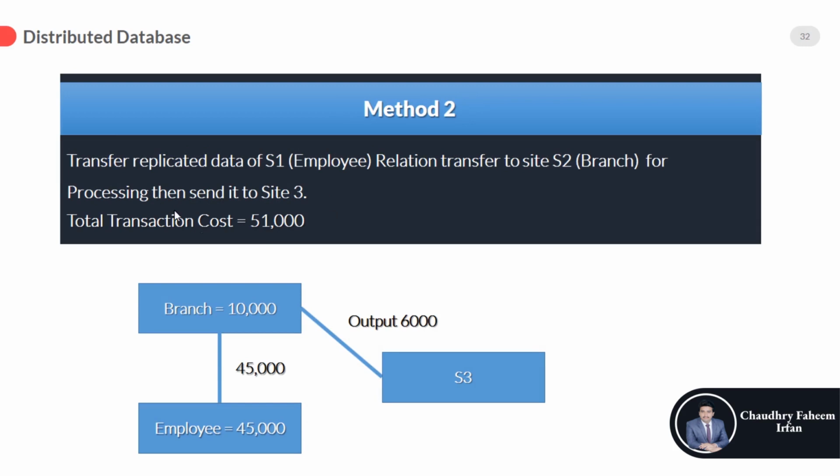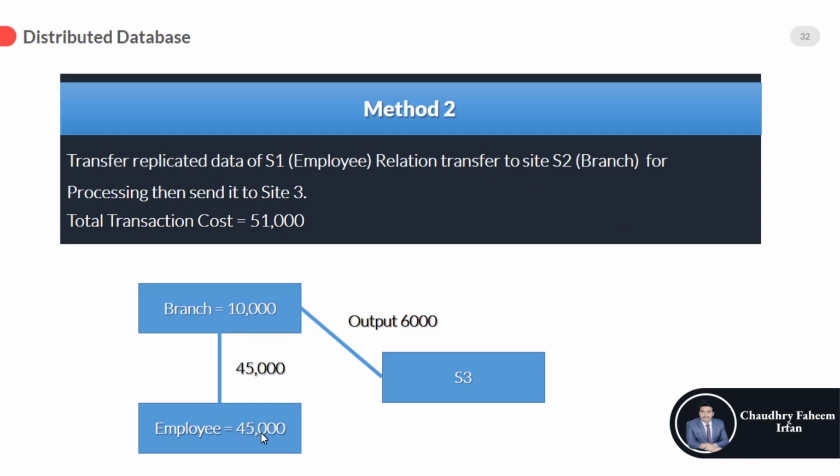In method 2, we transfer the data of S1, the employee relation, to site 2, which has the branch table, for processing, and then send the result to site 3.